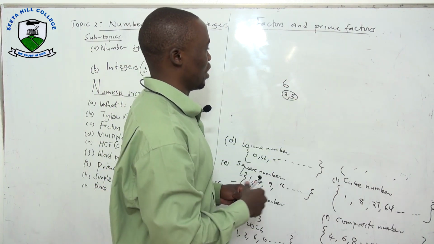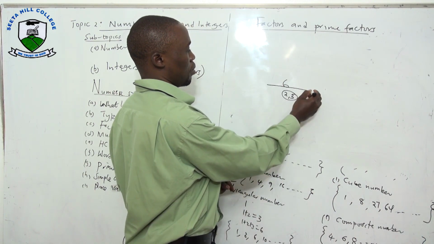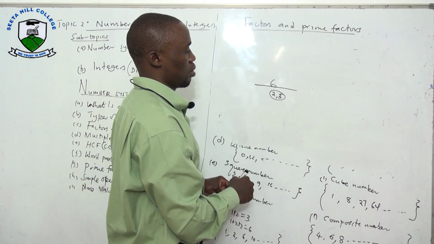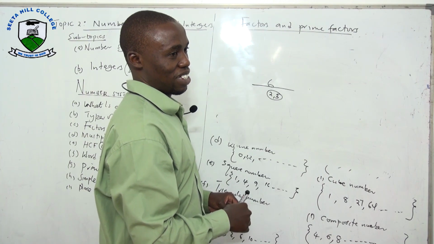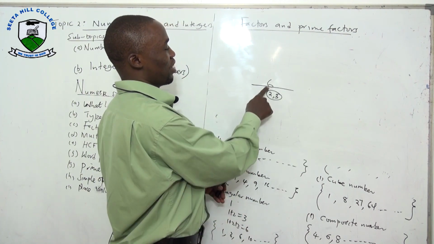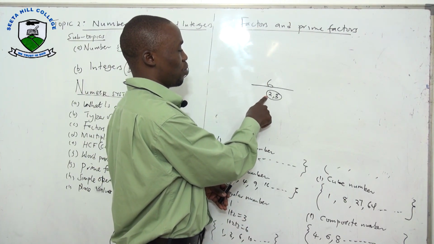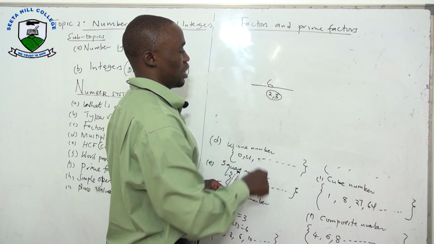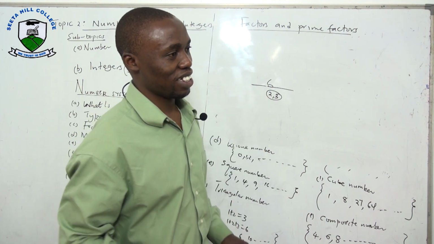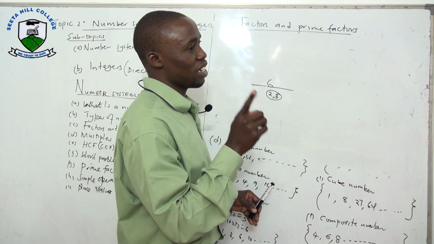Yes, 2 and 3 can be multiplied to give us 6. Then what is the relationship between 6 and 2? 6 can divide by 2.